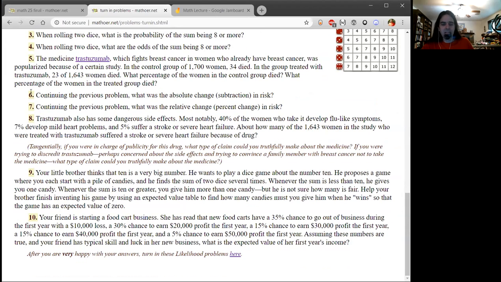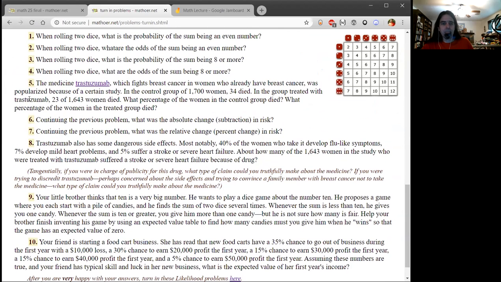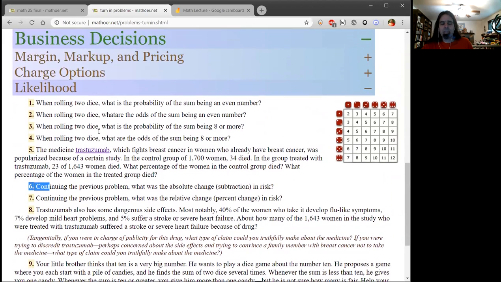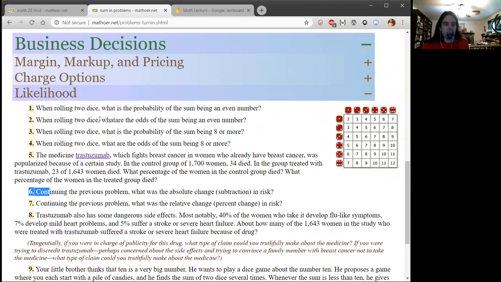That one? Just do that. Which section, number 6? Likelihood. I think we've done that one already, but if it doesn't matter, we can do it.